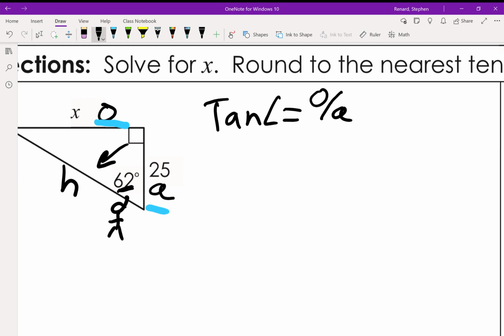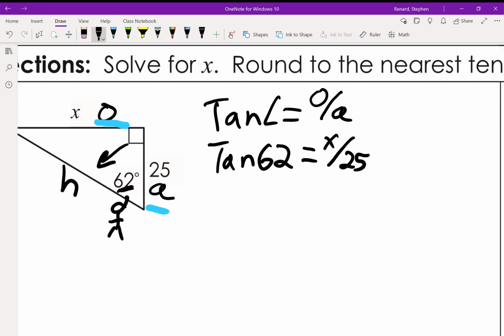So what we're going to do here is we're going to fill in. We go tangent of 62 equals x over 25. Remembering that any of our trigonometric ratios are just that, they're just ratios. So we know that any given 62, 28, 90 triangle has the same proportion of sides as any other 62, 28, 90 triangle.